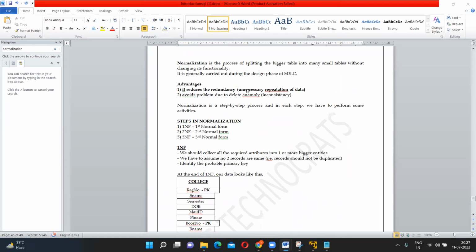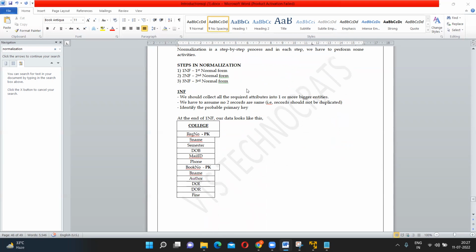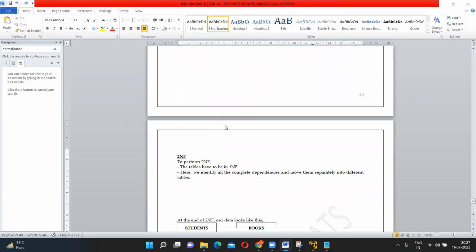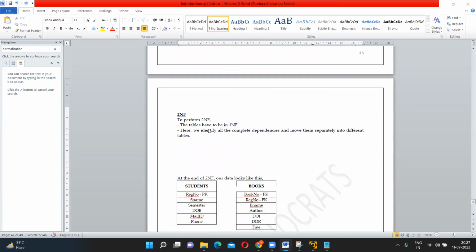This is the first point you have to tell. And there are three kinds of normalization forms. First normal form: everything should be in one table and we identify the probable primary key. In second normal form, the table must be in first normal form and we identify the complete dependency and move them into separate tables.